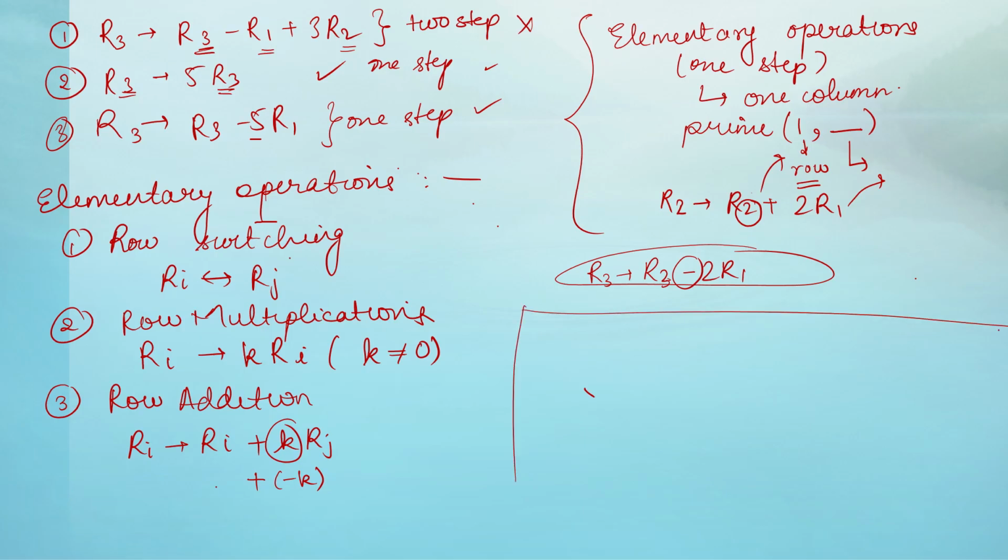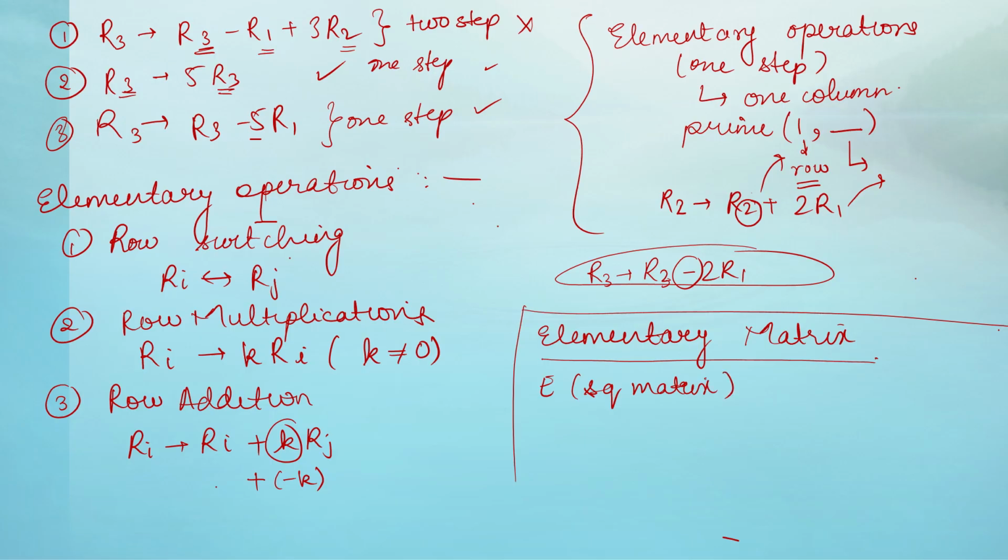Basically, an elementary matrix is a square matrix denoted by E. It is a square matrix having the property that EA is the result of applying a single elementary operation to A. Now, this would not be clear by just reading the definition. I'll explain it with the help of an example.